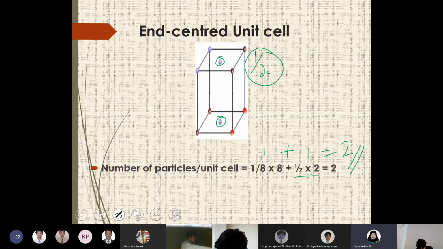Because you need to familiarize yourself with these terms, these arrangements, calculations. Because the coming topics are related to it, and even for density calculation questions, you need to understand these concepts so that the numerical part will be easy. Any doubt?